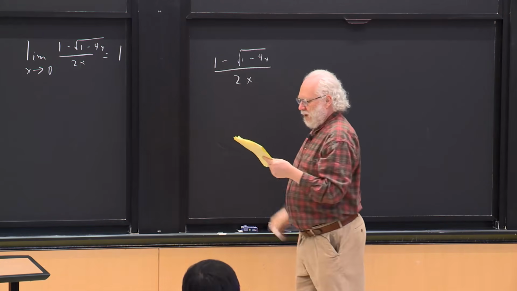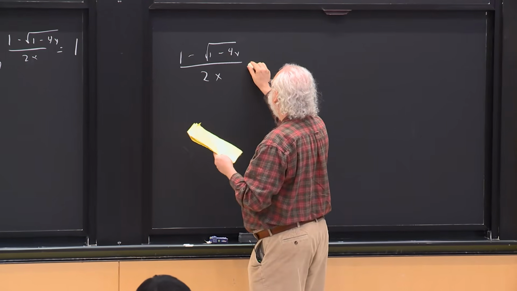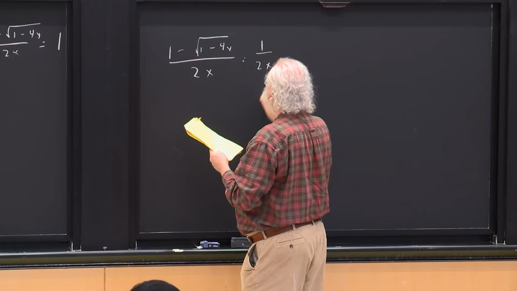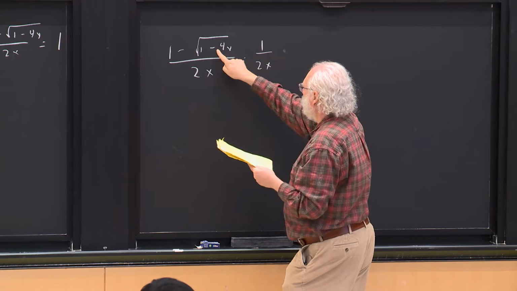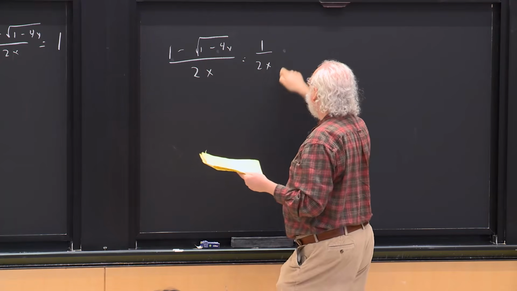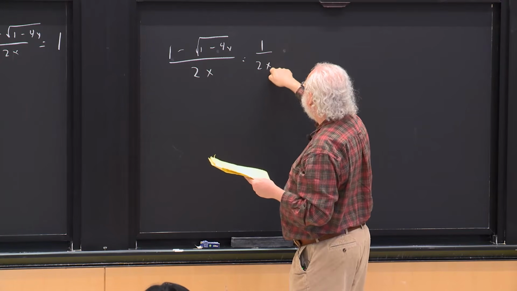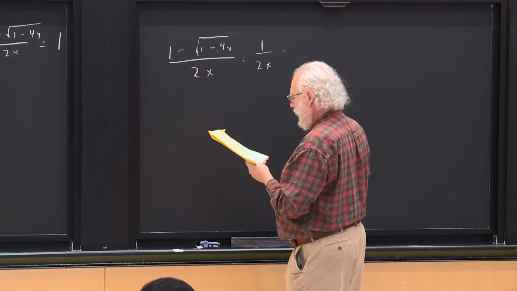So that's the generating function for Catalan numbers, equal to 1 over 2x. And there's a 1 here as the first term, but it gets canceled by this 1. So we don't have a constant term, which is good because we don't want a 1 over 2x in our expansion.